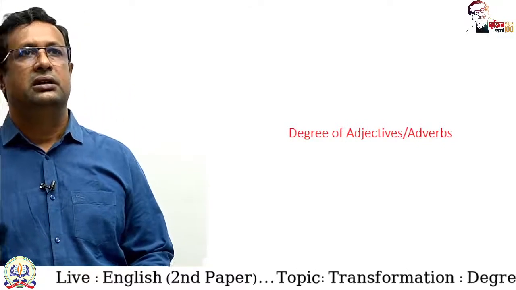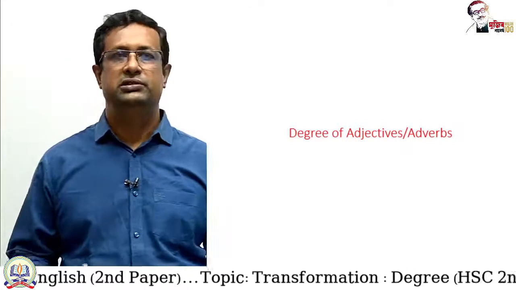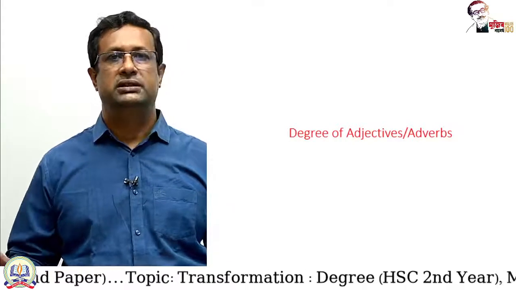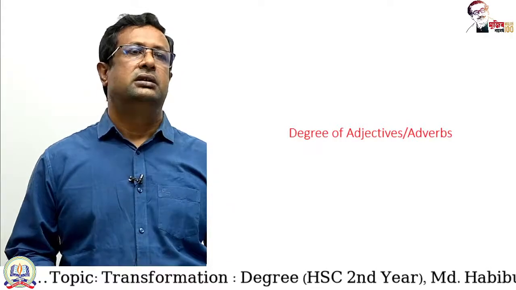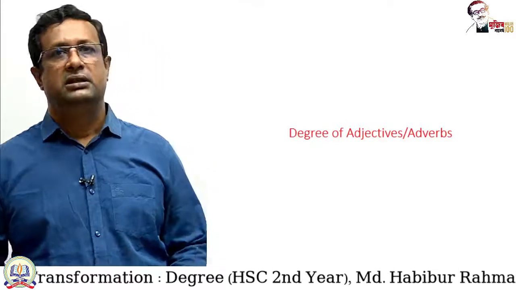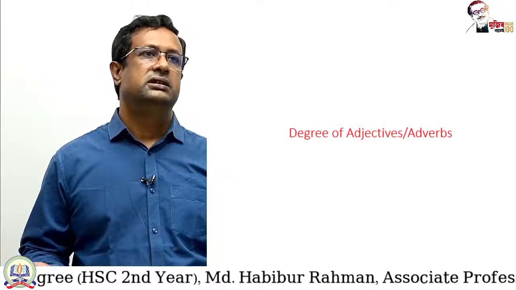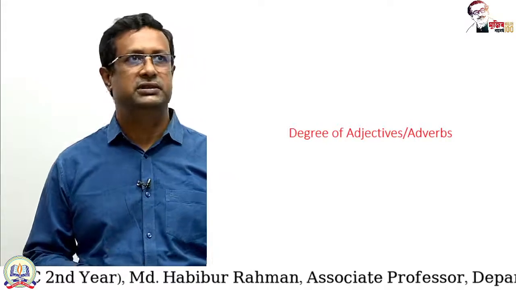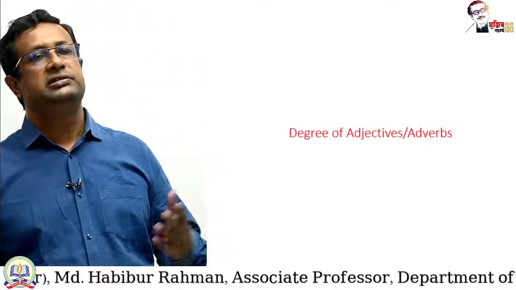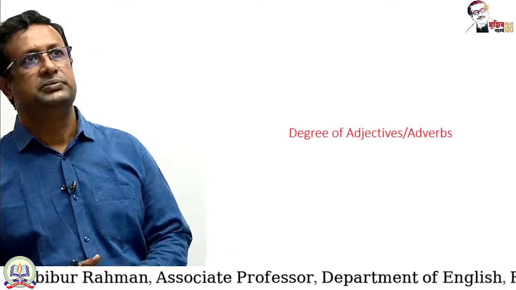And in positive degree, we usually start from no other or all other, or sometimes we bring something different in place of a subject. We will see these examples now.